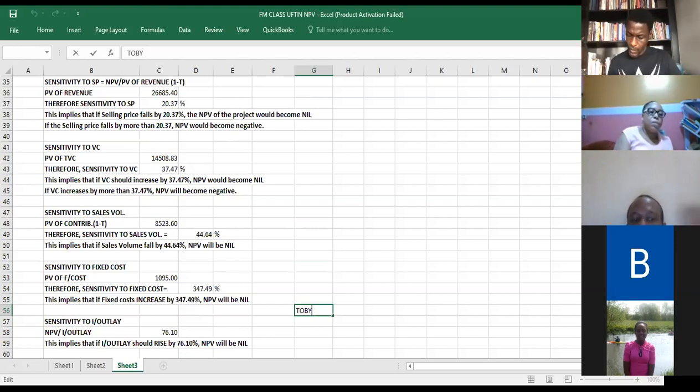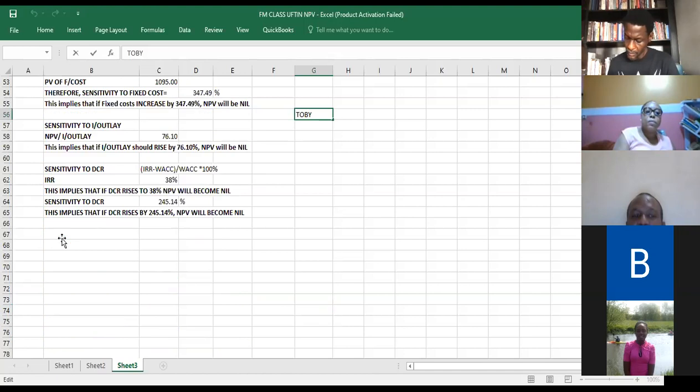And why? Selling price, because it's very sensitive to a little change. Exactly, you said that earlier, and I said that we are going to come to that. A very little change in selling price compared to any of them will lead to the NPV falling to 0.